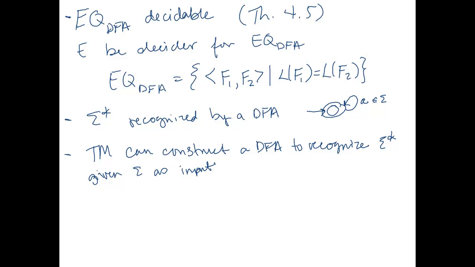It means that we can build a Turing machine that, if we provide an alphabet, can actually construct the machine that recognizes all strings over that alphabet.